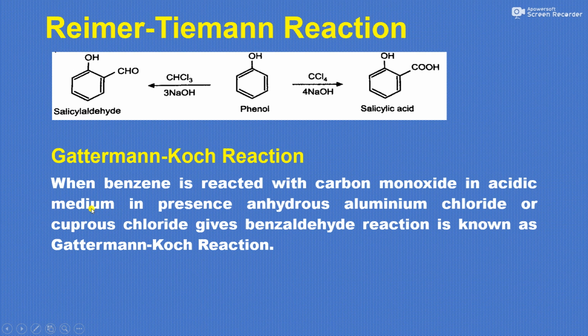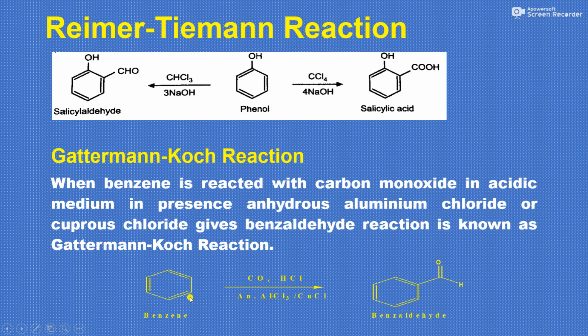In this reaction, when benzene is reacted with carbon monoxide in acidic medium in presence of anhydrous aluminum chloride or cuprous chloride, it gives benzaldehyde. This reaction is known as the Gattermann-Koch reaction.